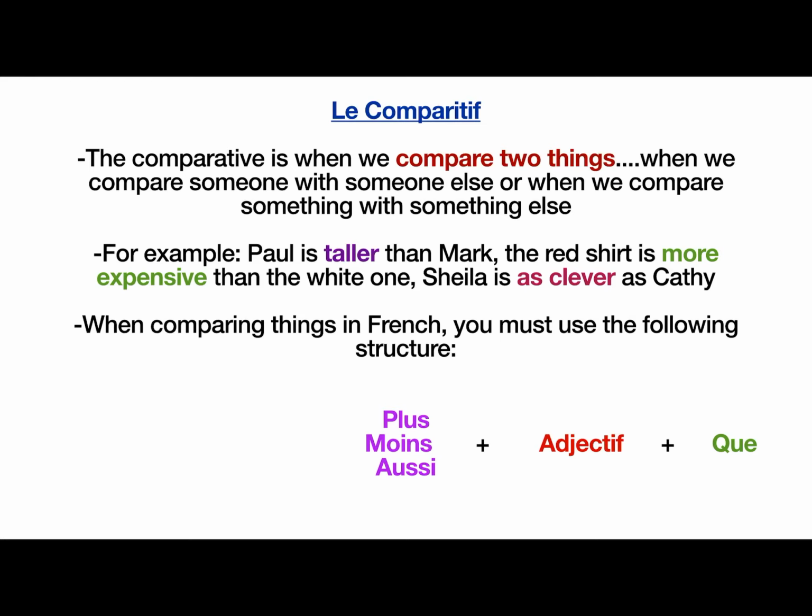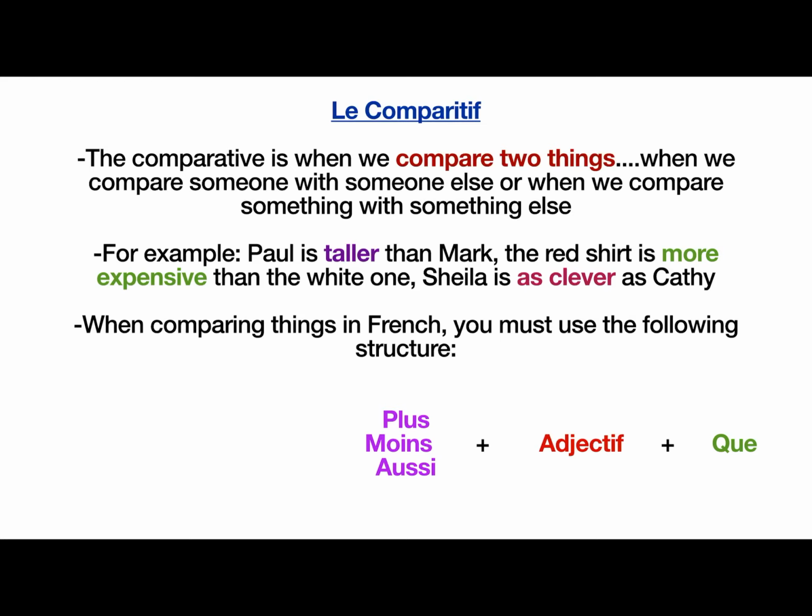So when comparing things in French, you must use the following structure. So if you're saying that something is more expensive than something else, you say plus. Okay? Moins is less. Aussi is as, if something is the same as. What you do is you say plus, moins, aussi, plus the adjective.